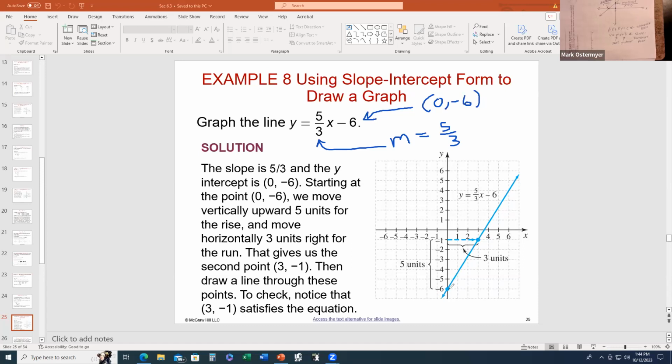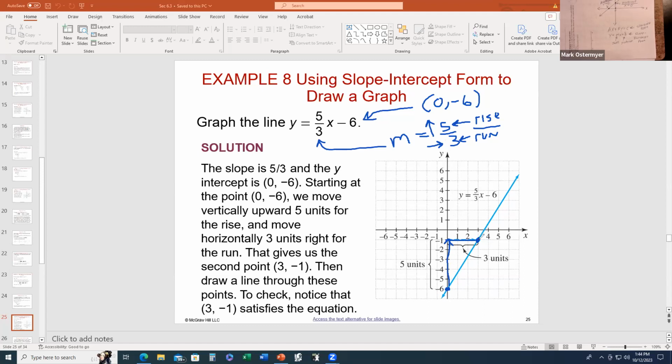How do we do it? First, we plot the y-intercept, 0, -6, down here. Then, knowing the slope is 5/3, a ratio of 5 units of rise and 3 units of run, we can plot other points on this line. So if I start at my y-intercept 0, -6, I go up 5 units, and then 3 units to the right, 1, 2, 3, and I can plot another point on my line.